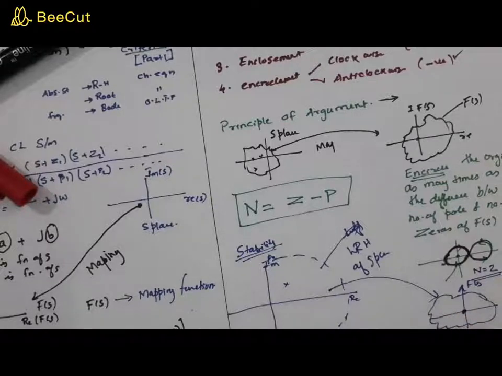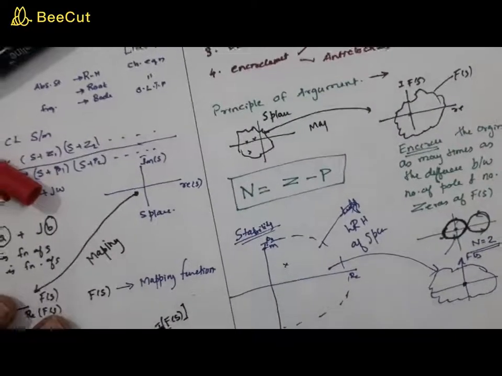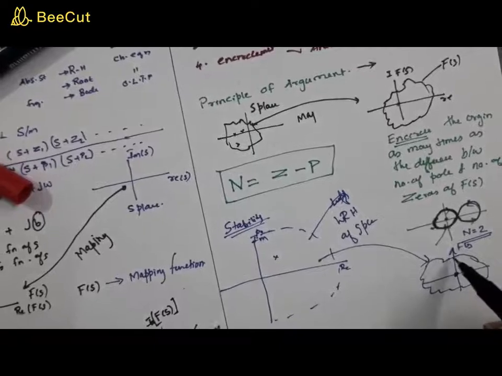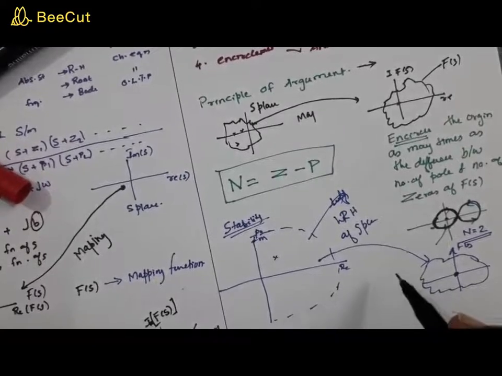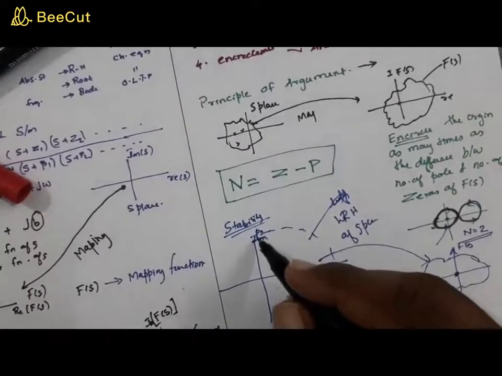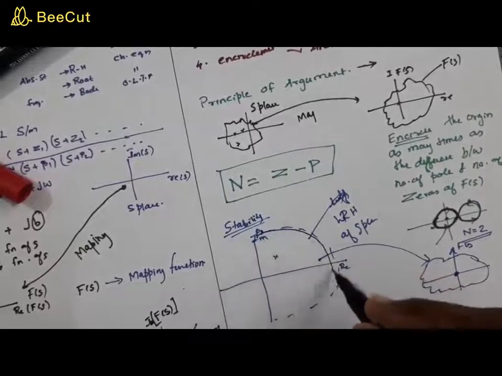So this is it. The number of encirclements will be as many times as the number of poles and zeros that are enclosed by this S contour.